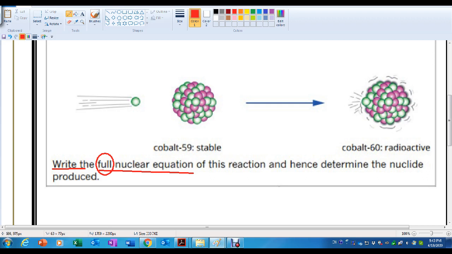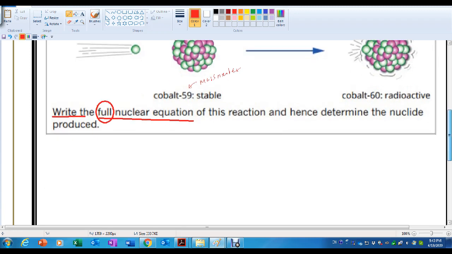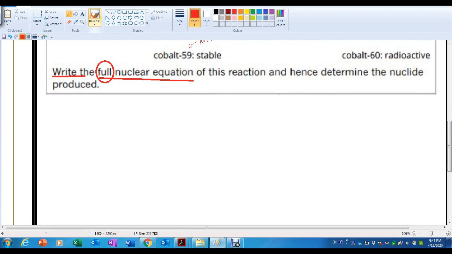Remember, 59 here is the mass number, and so is 60. They are both mass numbers, so we don't know the atomic number yet. So where can we get the atomic number?